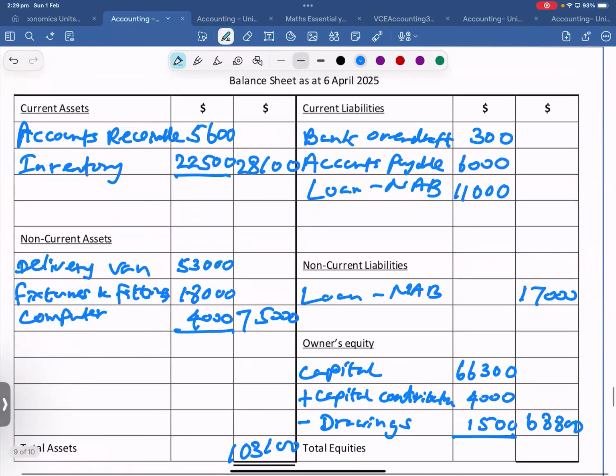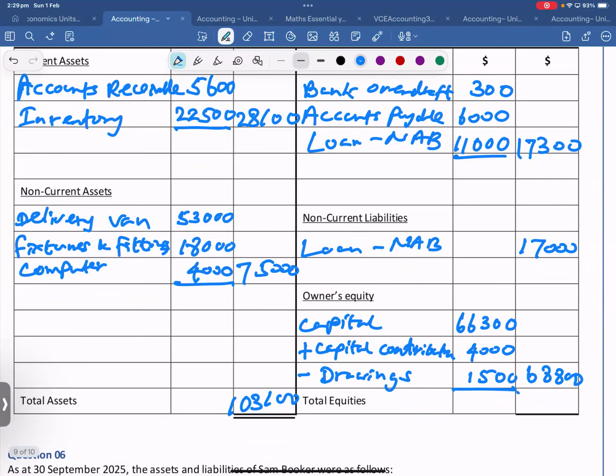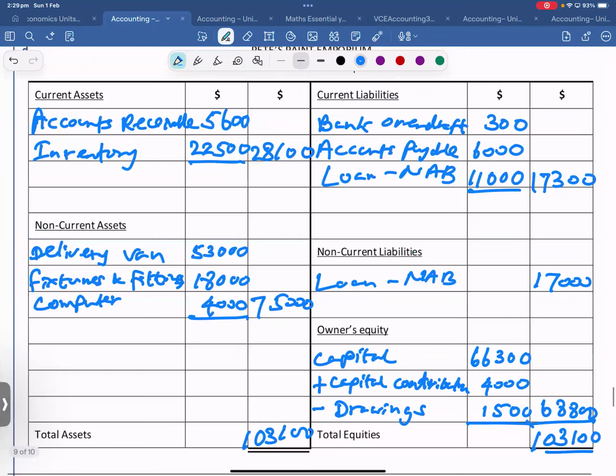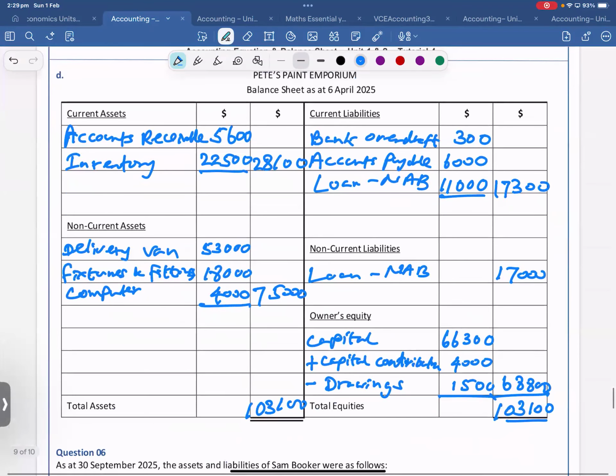And then current liabilities, I'm getting 17,300. Then 103,100, balancing. That's it.